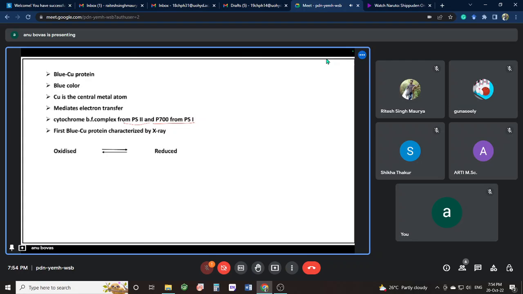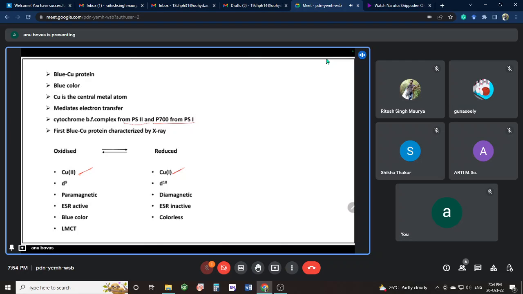Now, obviously, this plastocyanin is an electron transfer mediating agent, so it will have an oxidized state as well as a reduced state, right? In the oxidized state, the central atom copper will be present as copper 2, and in the reduced state as copper 1.